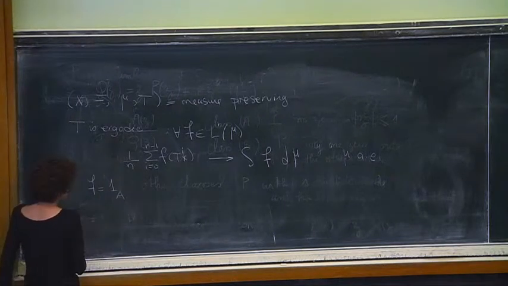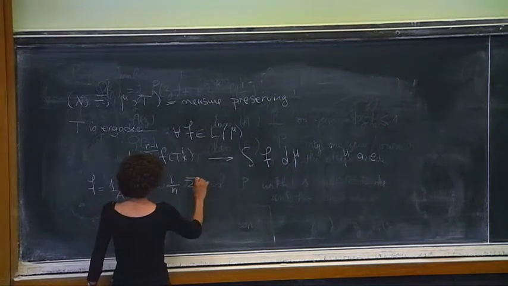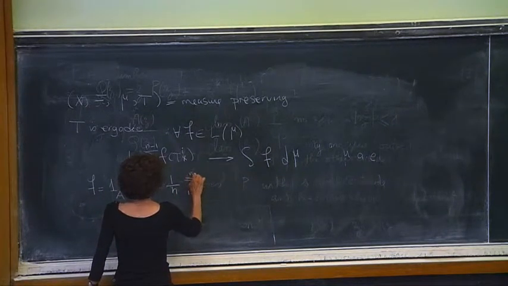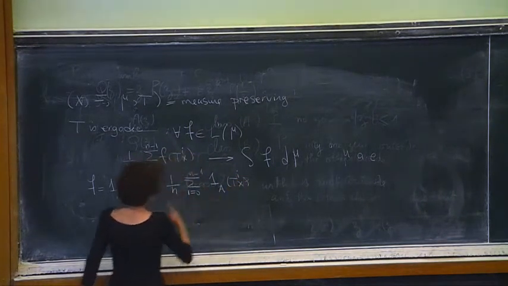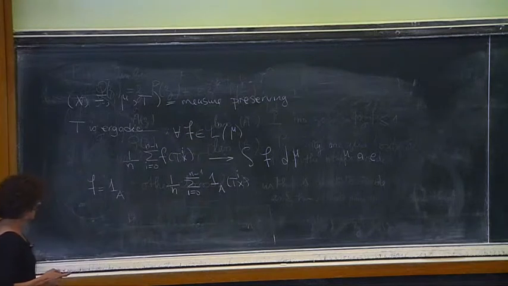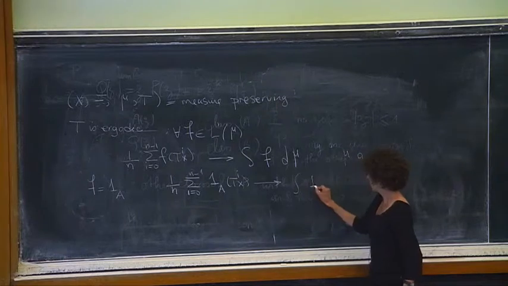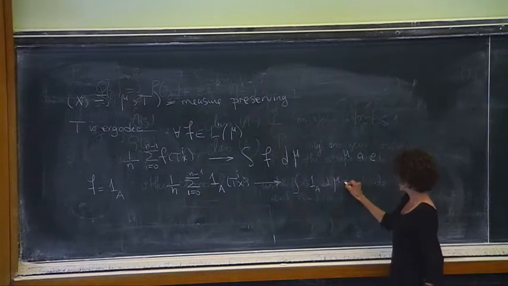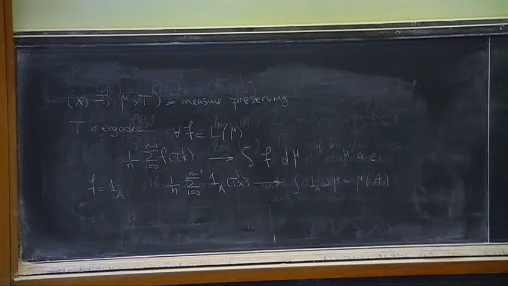Then if you plug it in here, the left side is just measuring the number of times your orbit is in the set A, so how often is T^i x in A, and this is equal to the integral of the indicator function, which is the measure of the set. So the ergodic theorem tells you the frequency of occurrence of anything, any block of digits, or actually any other thing if you want to measure it.